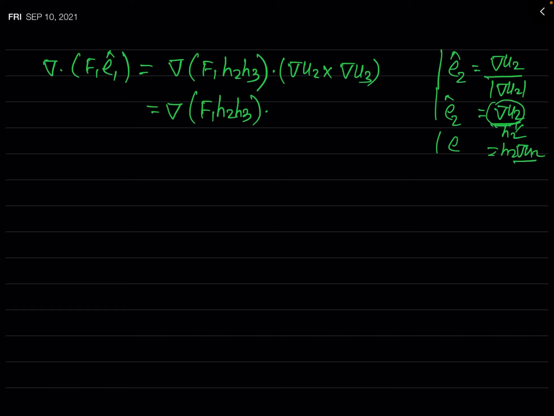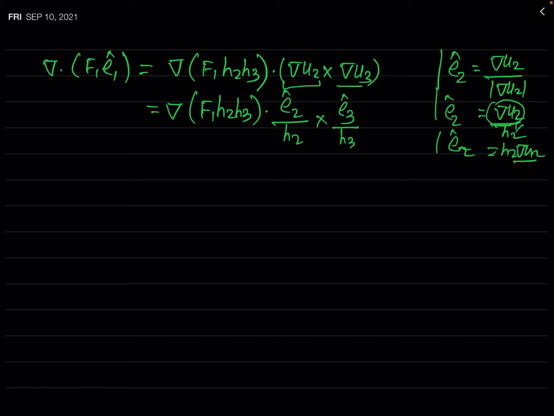So del u2 is equal to e2 hat over h2. Similarly, del u3 is equal to e3 hat over h3.